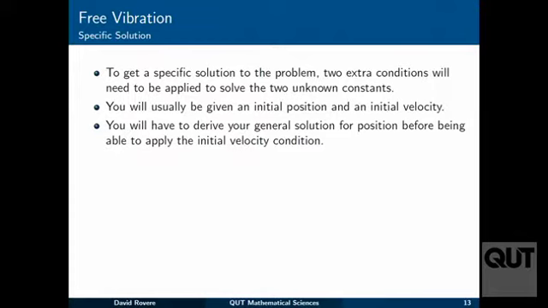To do this, we'll need two initial conditions, because we're solving a second order ODE and there are two unknowns in the solution. Typically those initial conditions are going to be an initial position of the mass and an initial velocity of the mass. Note that to apply the initial velocity condition, you'll need to differentiate your equation for x, so you have an equation for velocity where you can sub that initial condition in.